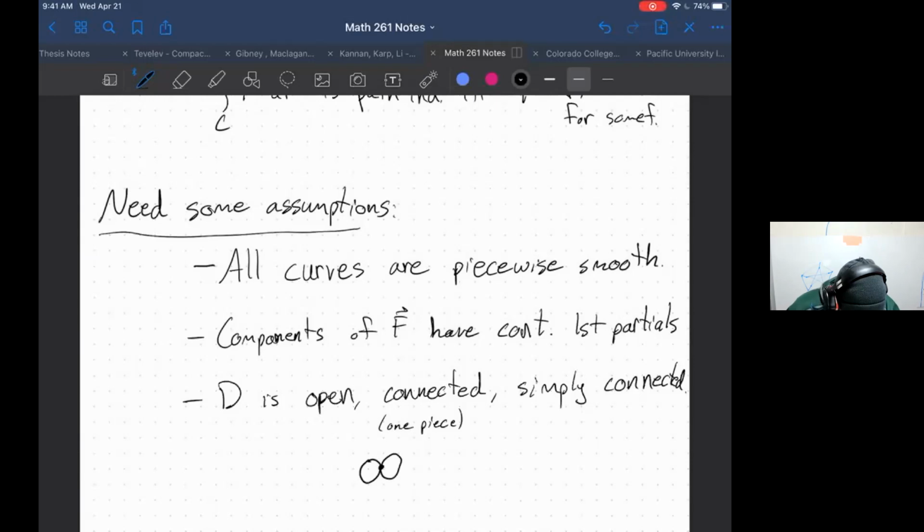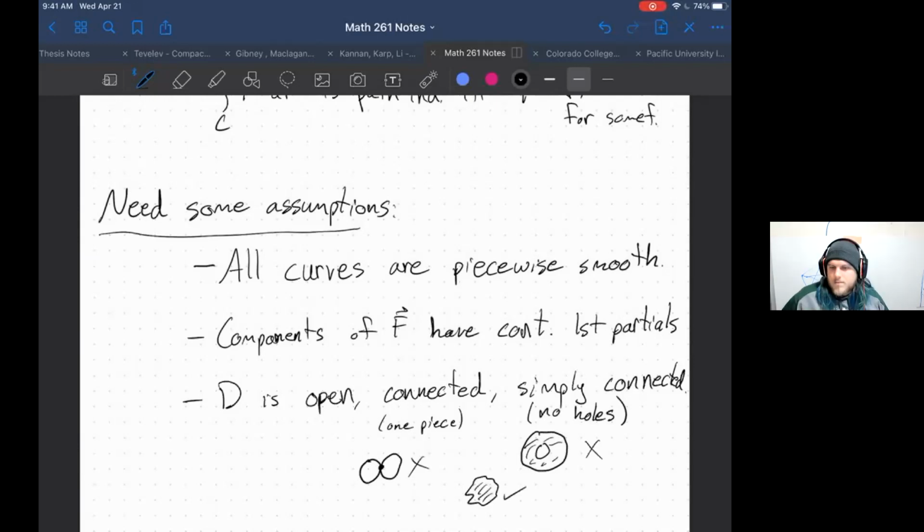And we don't want a donut. So we really want just an honest blob. Not two blobs joined at a point, or a blob with a hole in it. We want honest blobs here.